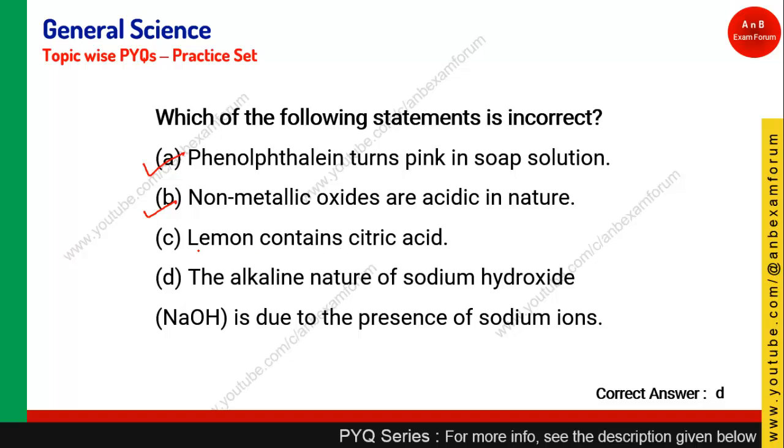Lemon contains citric acid. It is again true. The alkaline nature of sodium hydroxide, NaOH, is due to the presence of sodium ion. No, it is not the presence of sodium ion, it is the presence of hydroxide ion, OH negative. The alkaline nature is because of the OH part, not the sodium part. So option D is the incorrect statement, and option D is the right answer.